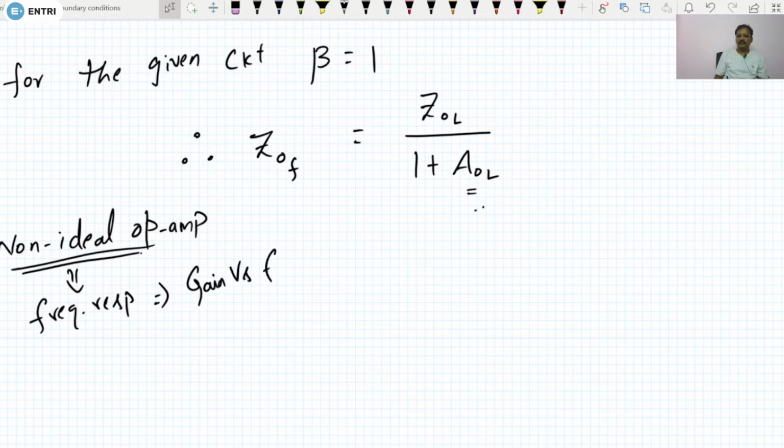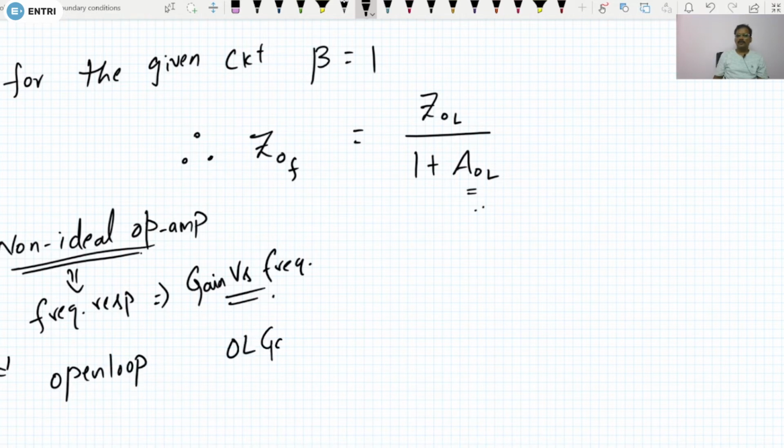Whenever the op-amp is in open loop, the open loop gain versus frequency is going to give you a low pass filter frequency response.